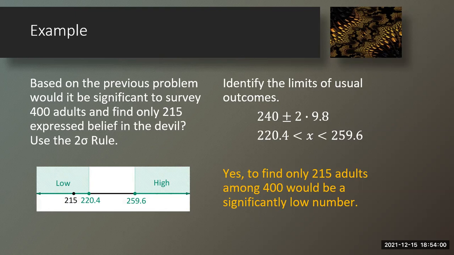So you'll note in that cute little picture there that x equals 215 is indeed below 220.4. So 215 adults would be a significantly low number to find in a survey of 400, and it might indicate some larger change in belief in the population about the devil. Yeah, it's kind of a cute little problem, but it really gives the flavor there.